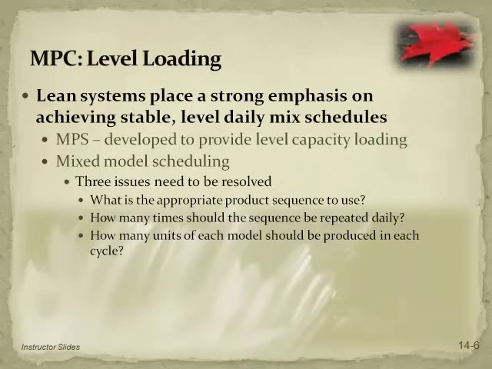If we are trying to produce 1 week 1,000 units of a certain part and the next week 10,000 units of that same part, that's going to be very difficult to achieve some type of a smooth, balanced flow whenever the volume changes so much.